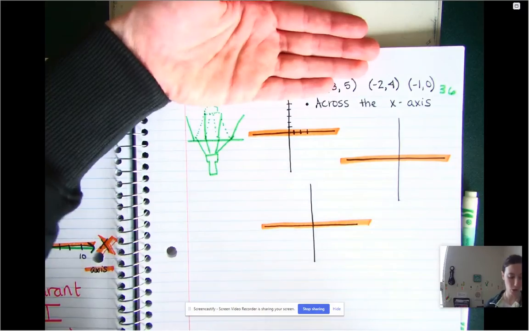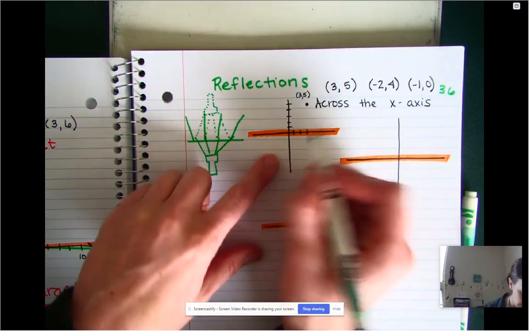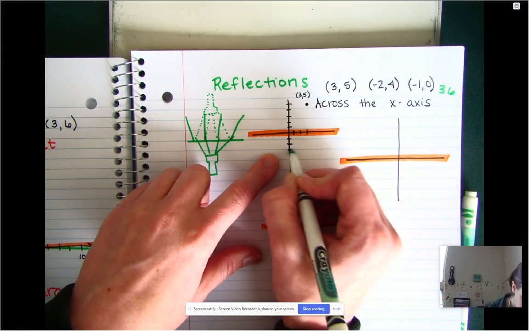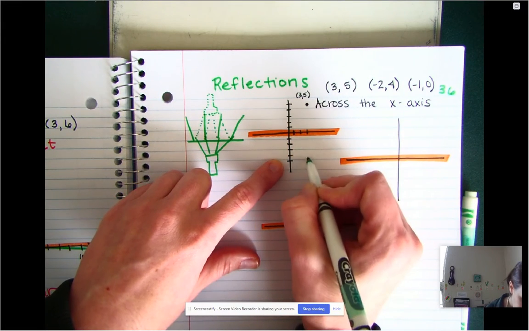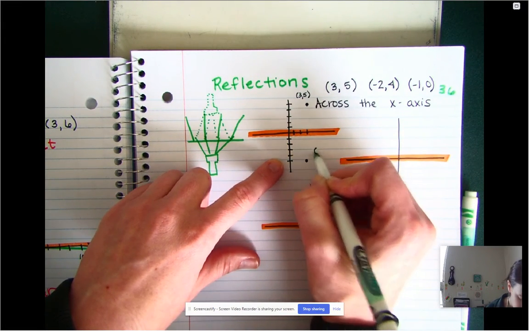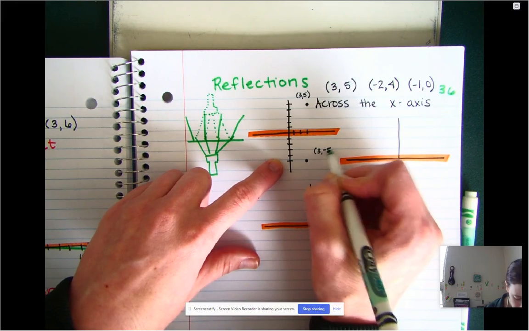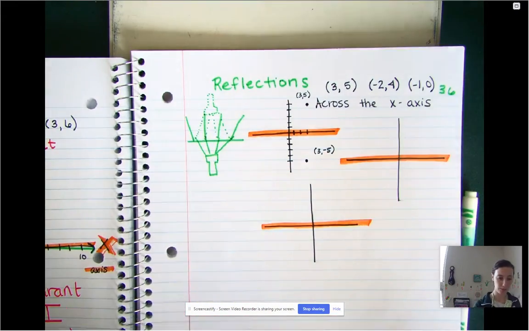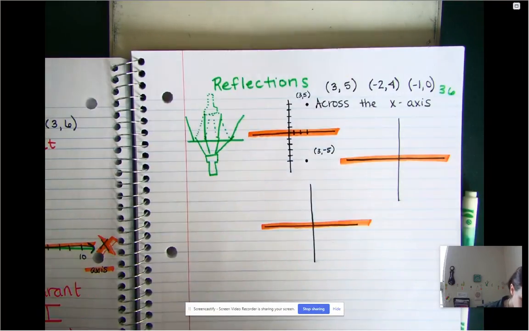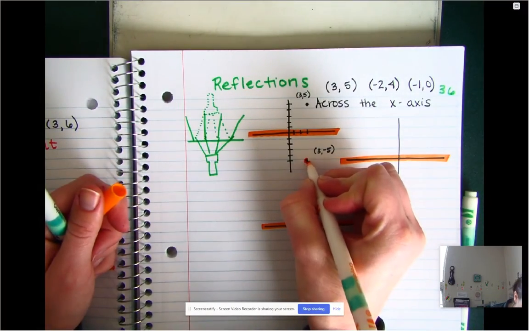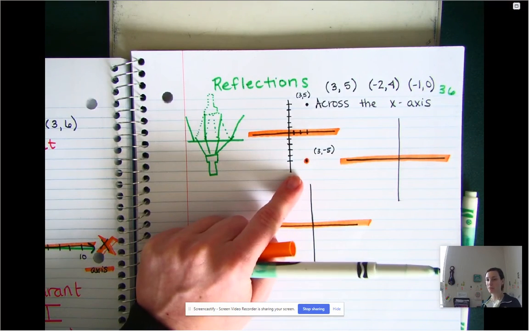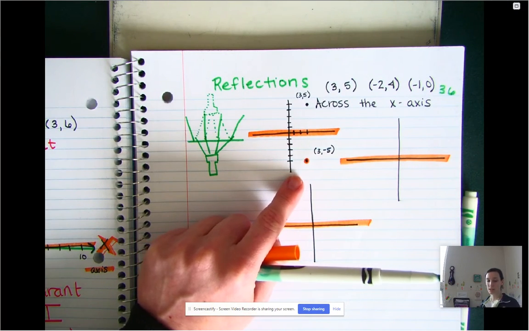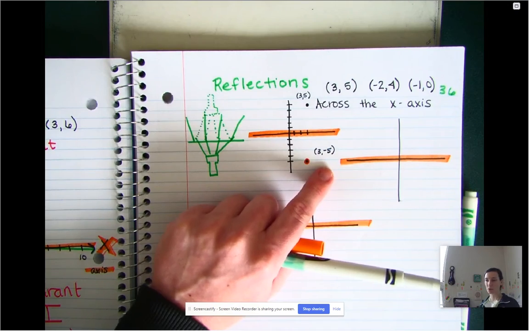It's going to reflect across the x-axis and show up at (3, -5). So here's the reflection. Maybe I should use a different color. The original point was at (3, 5). This is the reflection. Take a minute and notice what happened to the coordinates.